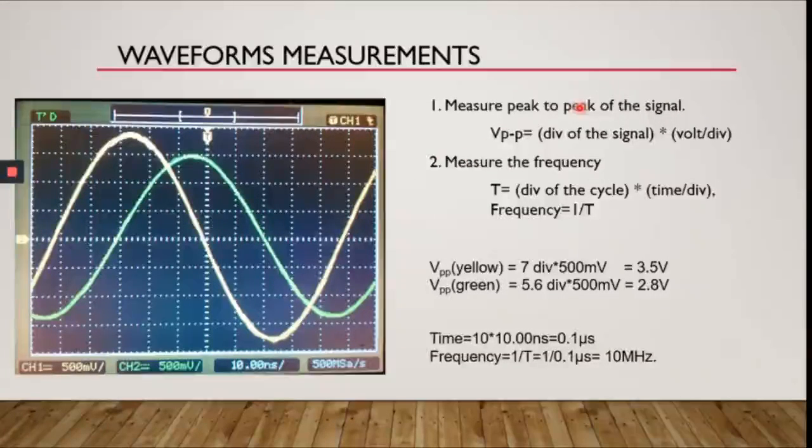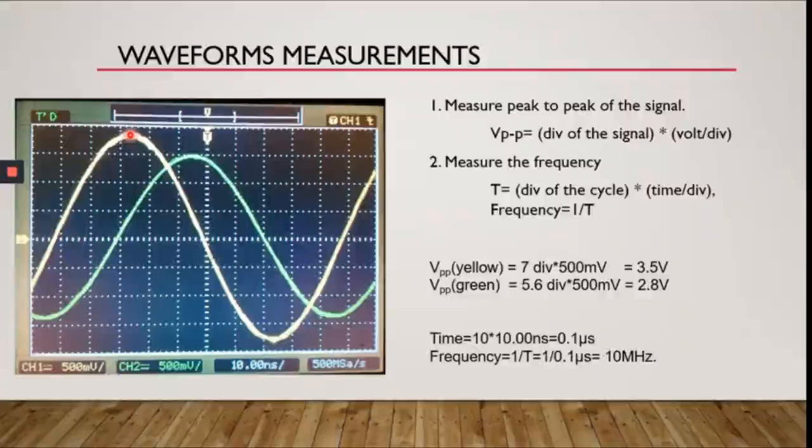So if you want to measure the peak-to-peak of the signal, we use this equation here. We know that each vertical division is equal to 500 millivolt. So we can calculate the number of divisions from here to here. Use the center point, because the waveform is quite thick.